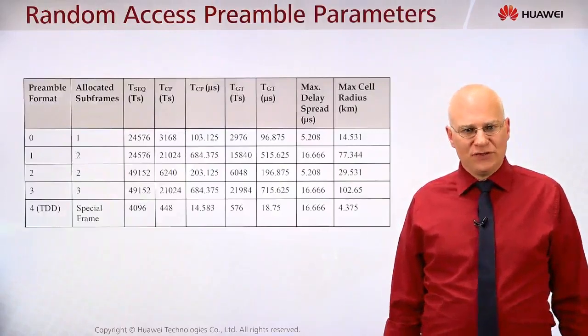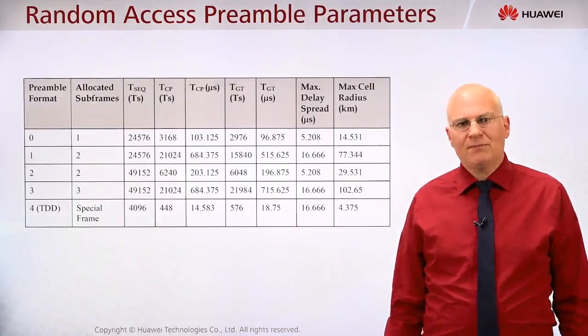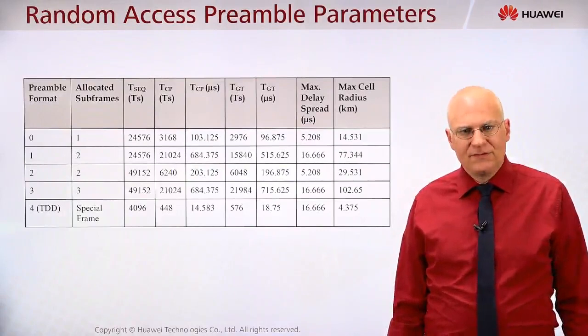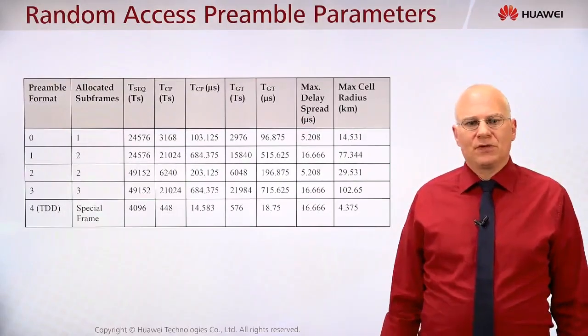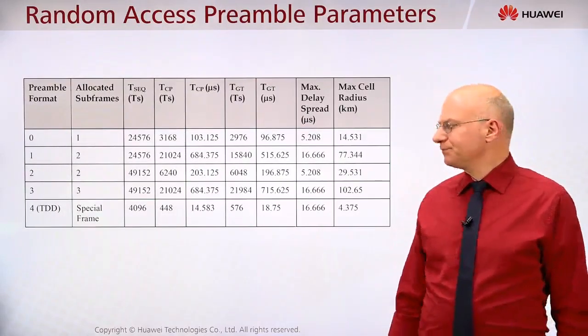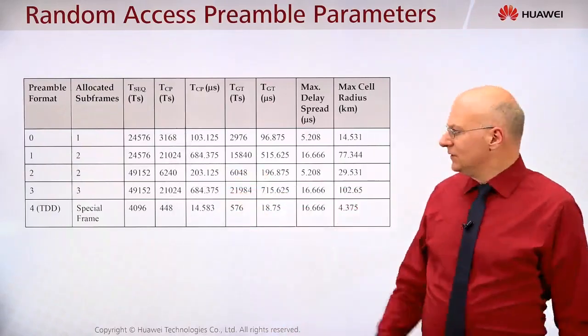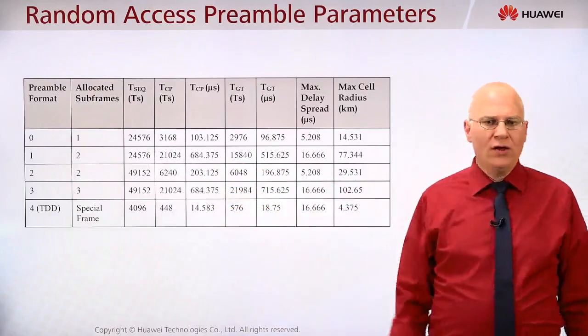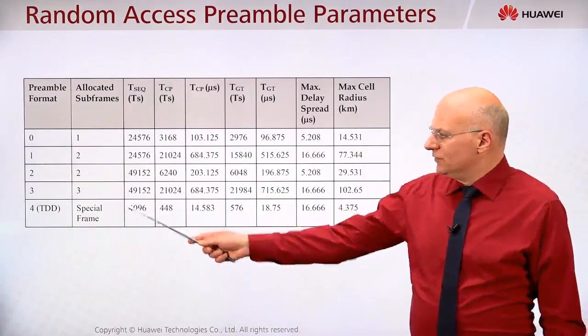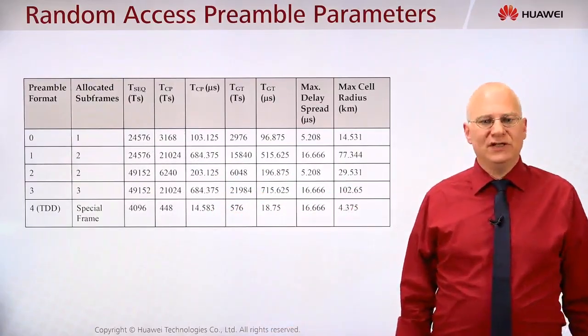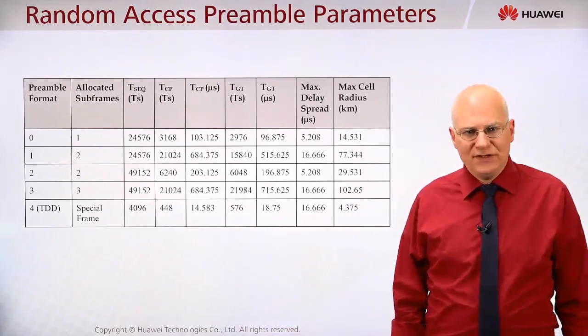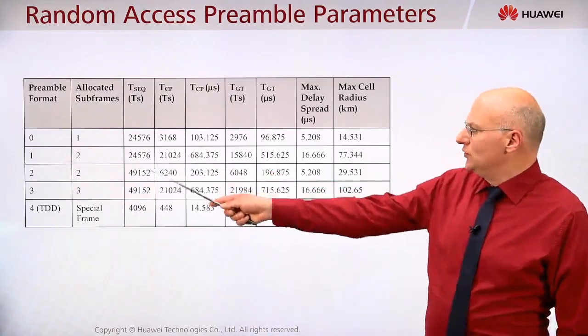We have different configurations which are supported by the random access, suitable for different scenarios. The preamble formats are named 0 up to 4, whereas format 4 is only used for TDD. So in FDD we have formats 0 to 3.